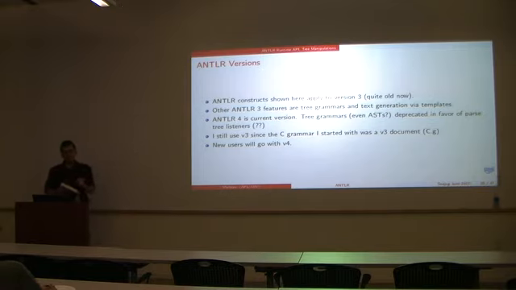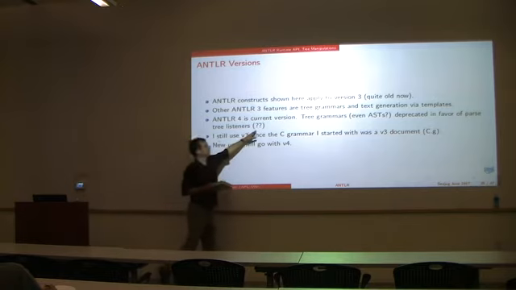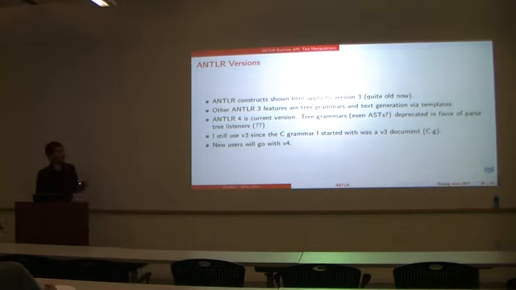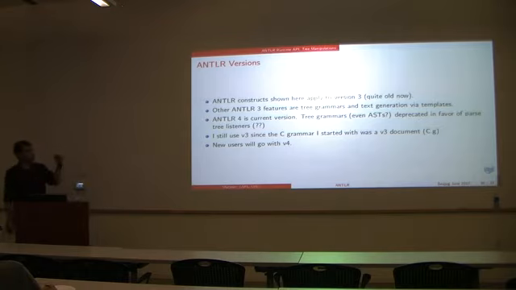Antlr 4 is current, and it has a few differences that I don't quite understand, which is why I've got question marks there. I haven't used Antlr 4, but it seems to have deprecated the abstract syntax tree in favour of parse trees, which I'm not really sure of. I just wanted to get the point across. If you go and say, Antlr's way cool, I'm going to buy the book and dive in, you may not see all the same syntax as you've seen tonight.